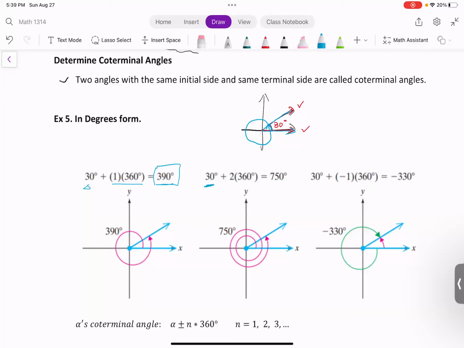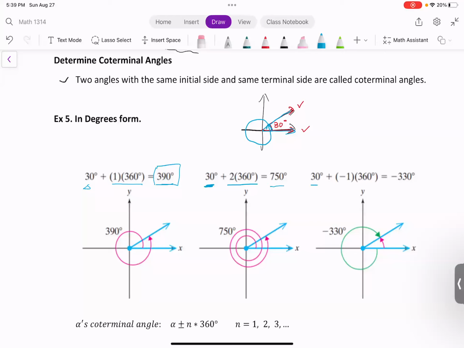Based on 30 degrees, I do two more rotations, plus 2 times 360 degrees, and I get 750 degrees. 30 and 750 are also coterminal.